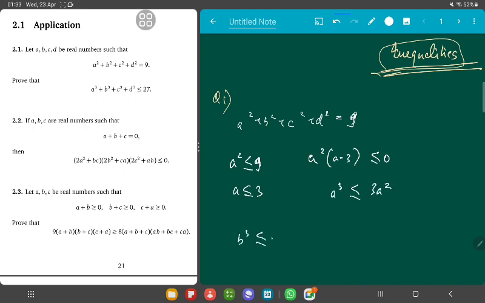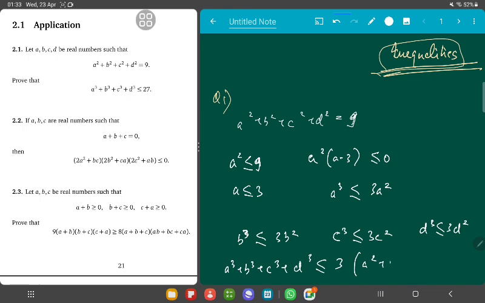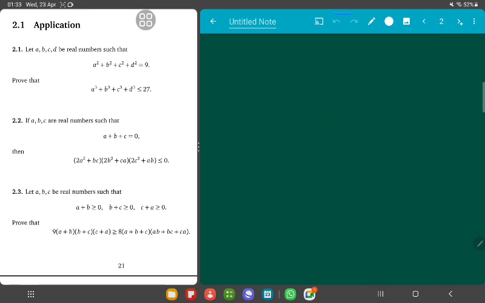Similarly we can write b cube less than 3b square, c cube less than 3c square, d cube less than 3d square. Therefore a cube plus b cube plus c cube plus d cube is less than 3 times a square plus b square plus c square plus d square, which equals 27. This is how we are going to prove the first question.